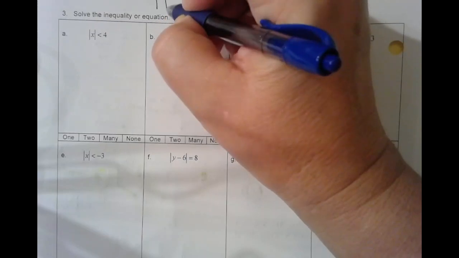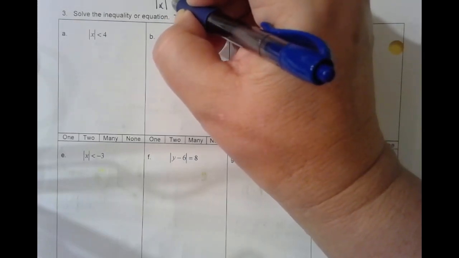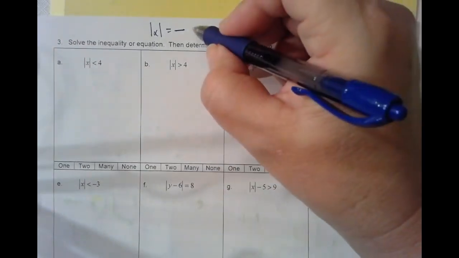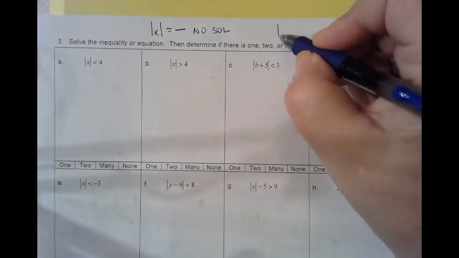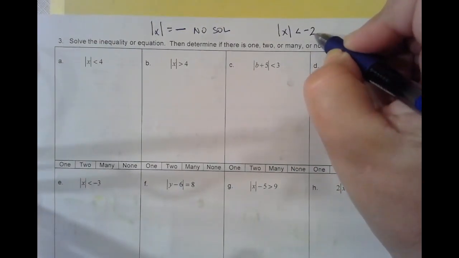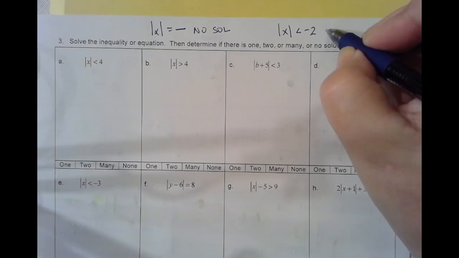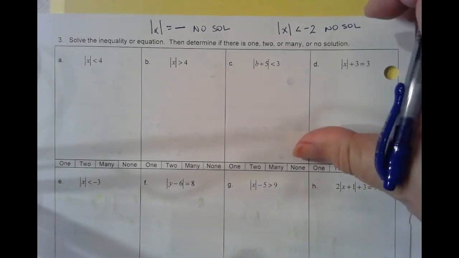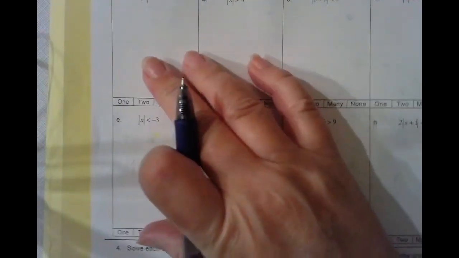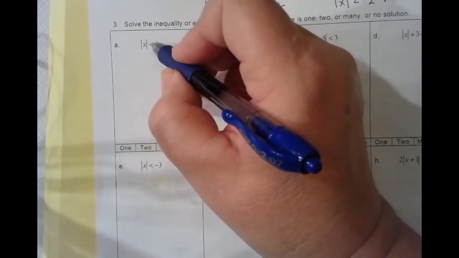So the first one is, one more time, if you have an absolute value of x equal to a negative number, that is no solution. So if the absolute value of x is less than negative 2, this would be no solution. Okay, let's get going. So the first one is x is less than 4.